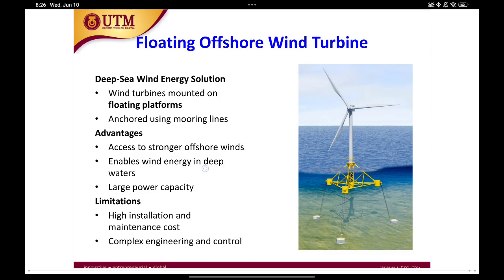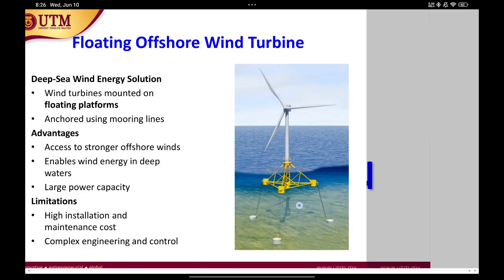It enables wind access in deep water and large power capacity. Of course, higher installation and maintenance costs, because you have to remember the underwater cable is quite expensive, and of course complex engineering and control because it is floating and rotating. Basically you have to balance everything up.